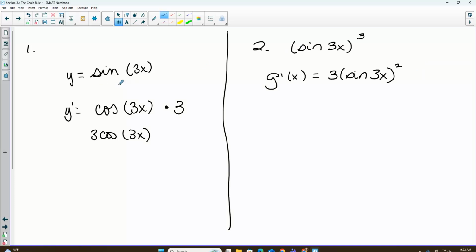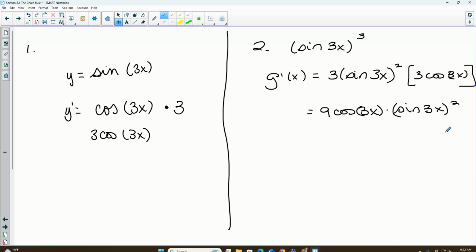Yeah, that first question was the sine of 3x. So we already know from that the derivative of the inside was 3 cosine of 3x. So you do the chain rule within the chain rule there, or pull your answer from the previous one. So you should get 9 cosine of 3x sine of 3x squared.